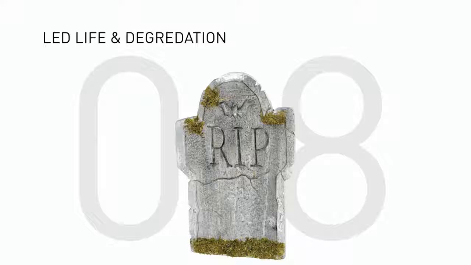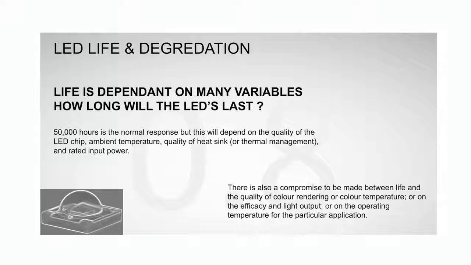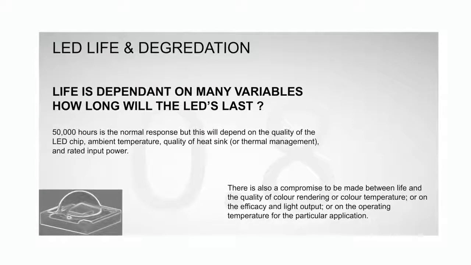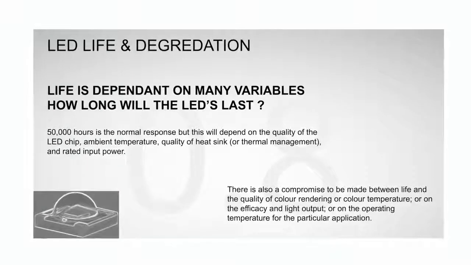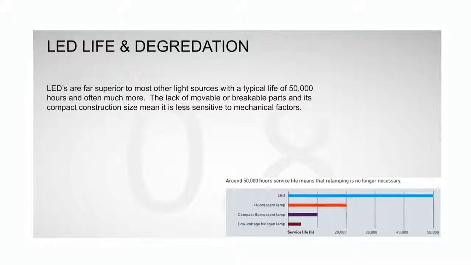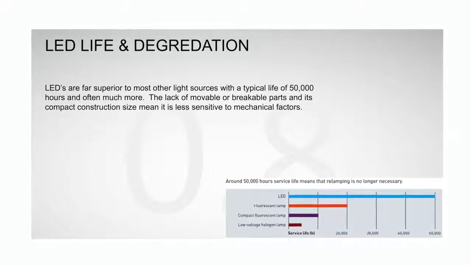So let's have a look at LED life and degradation. When we talk about the life of an LED, we have to consider it from many different angles. LEDs have made vast improvements in expected lifetimes compared to other sources. There are much less movable or breakable parts, which means they're less sensitive to vibrations and shaking.